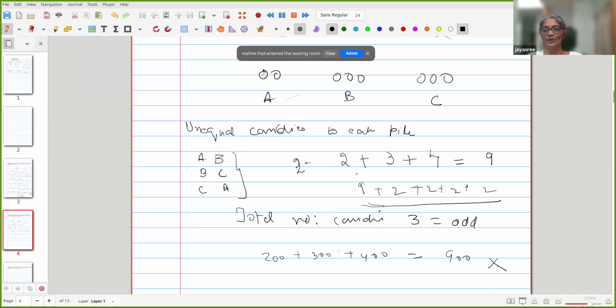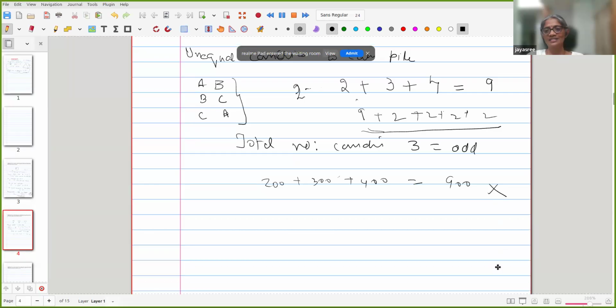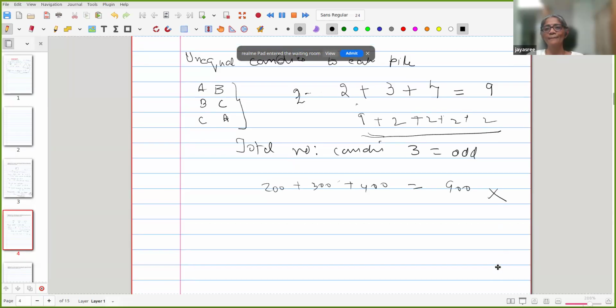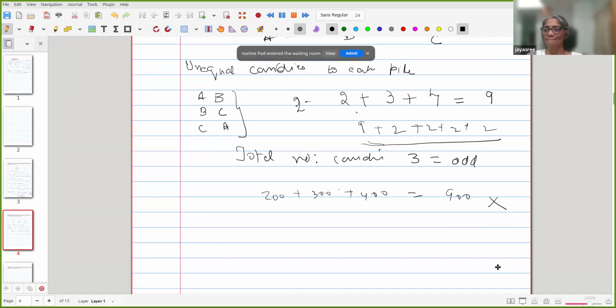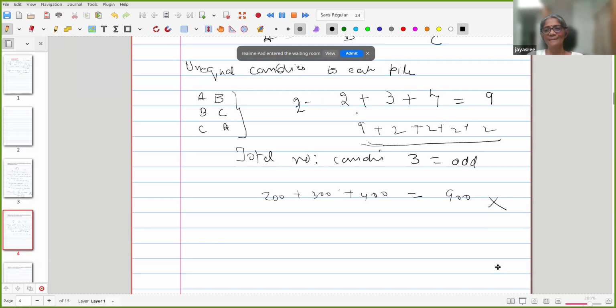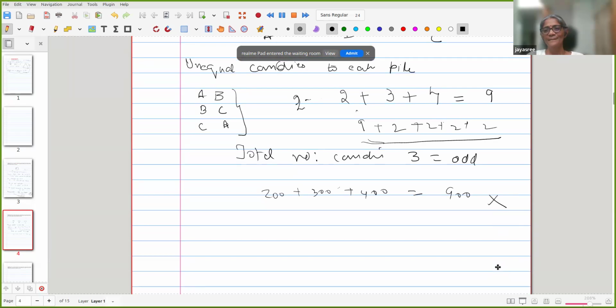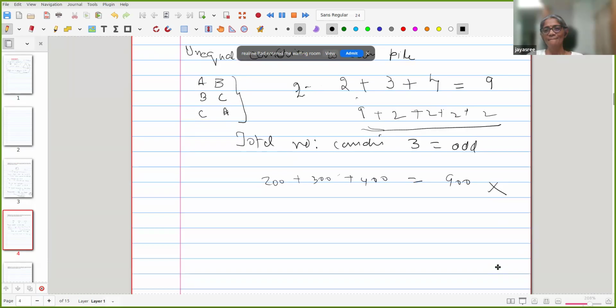Is that clear to everyone? Yes, ma'am. Shall we move on to the next problem? Yes, Shraddha. Ma'am, you start with an odd number, and to reach an even number you need to add an odd number of candies.